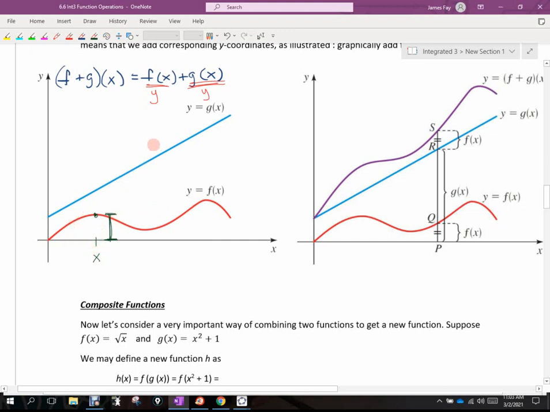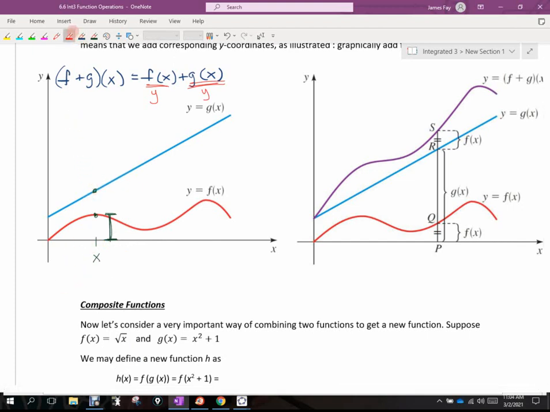Then I'm going to do the same thing for g of x, at the same x value. So I'm going to come up and see at that x value where it intersects the blue function. It'd be at that point right there.